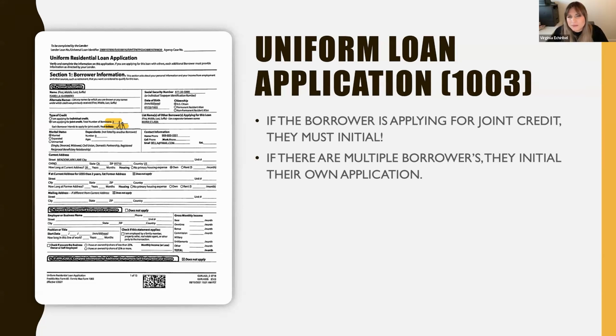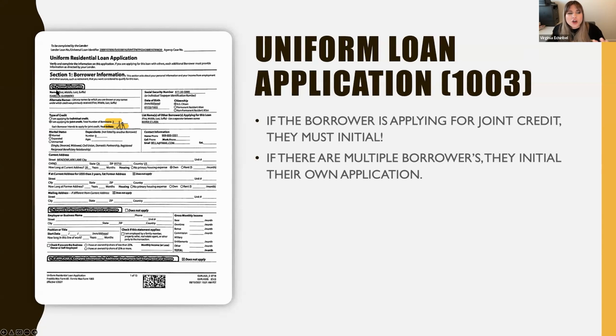Say the husband is number 1 and the wife is number 2, do they need to initial on both pages, or is just the husband signing on this and the wife signing on the second form that's in the packet? I haven't always seen it where there's 2. Yeah, that's kind of what I was thinking.